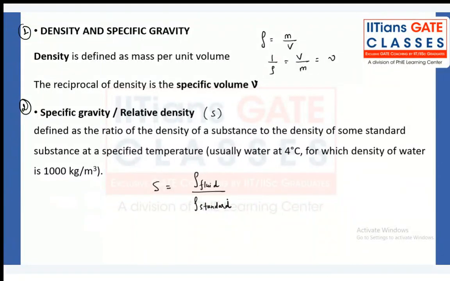At 4 degrees centigrade, the density of water is maximum, which is nothing but 1000 kilogram per meter cube. For the gases, the standard fluid will be ideal gas density at standard temperature and pressure. Specific gravity and relative density both have the same meaning.